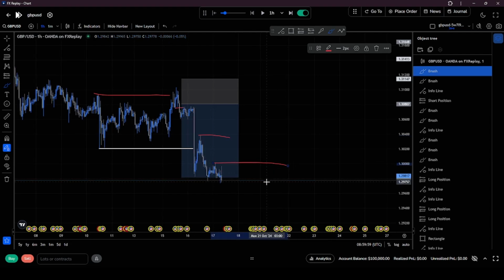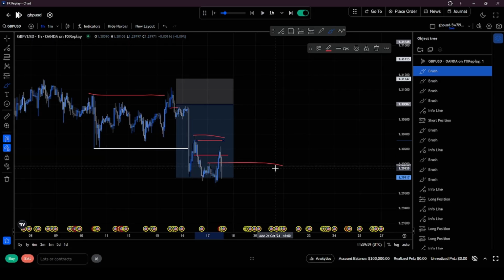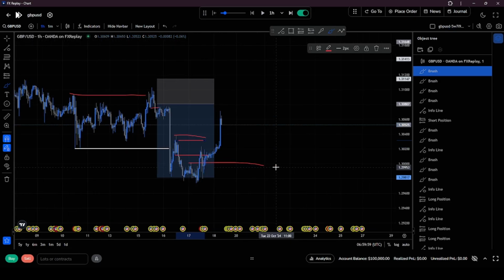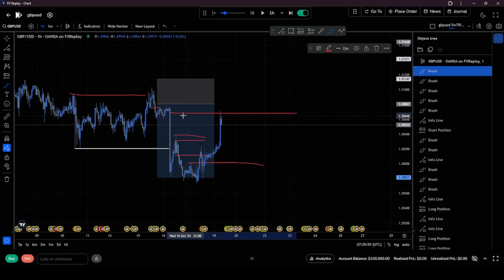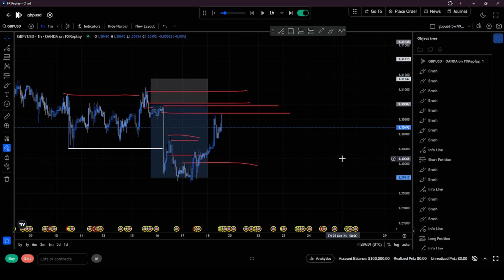This is then our major inducement. Price broke above the inducement. Let's see. We're having another block here. Price came back to this other block, and we have another block here. So let's see how price will react.